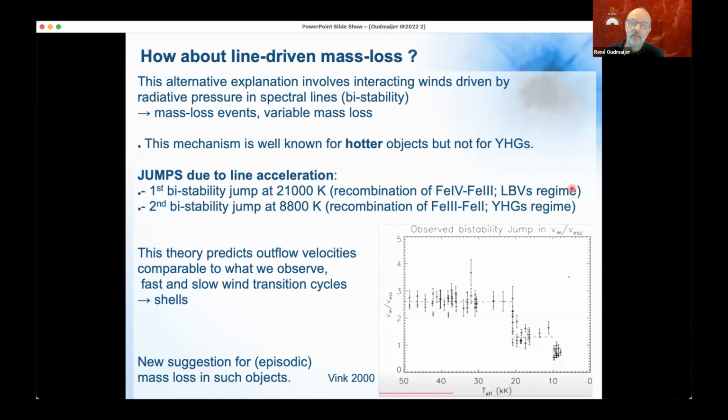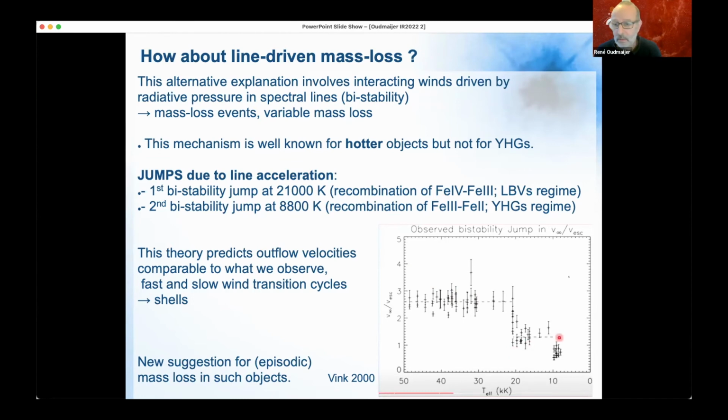propose a new mechanism that was actually quite well known for hotter stars already, namely the bistability mechanism. If you are around 21,000 Kelvin, most of the iron 4 will recombine to iron 3, giving us a lot more opacity, a lot more line driving, and as a result completely different mass loss rates and different escape velocities.